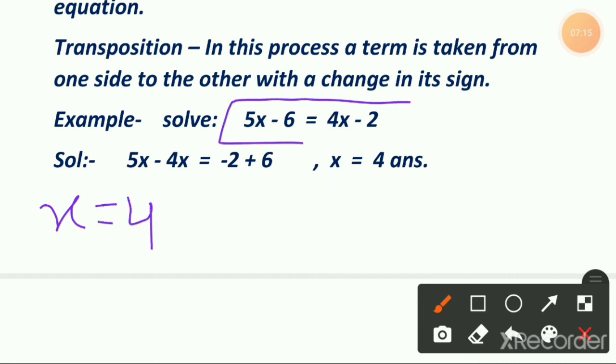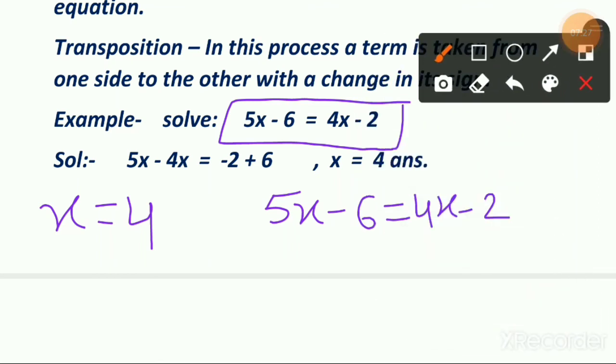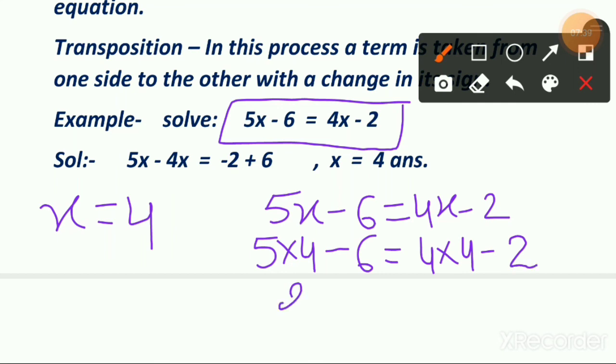Now if I put it back in this question, let's see whether the answer will be the same or not. This is my question, 5x minus 6 equals 4x minus 2. I have to put 4 in the place of x. So 5 into 4, because I replace x with 4, minus 6, and 4 into 4 minus 2. 5 fours are 20 minus 6, and on this side 4 fours are 16 minus 2.